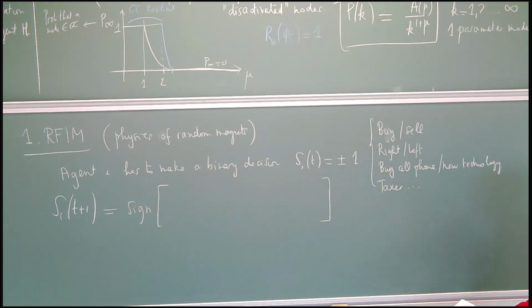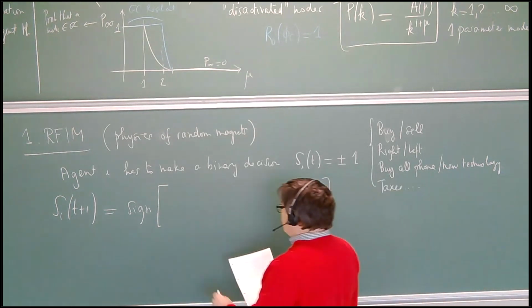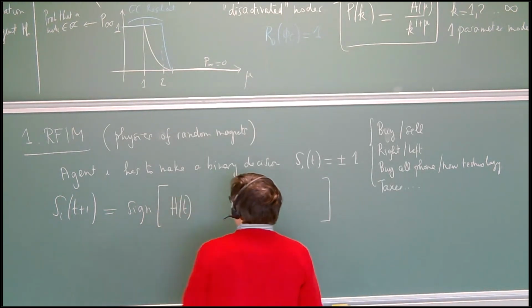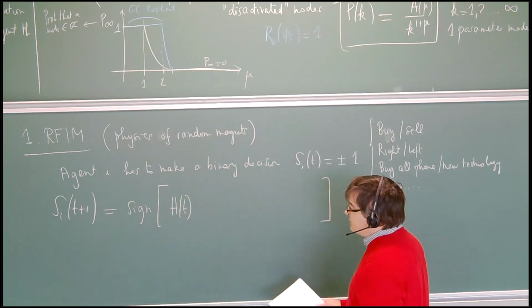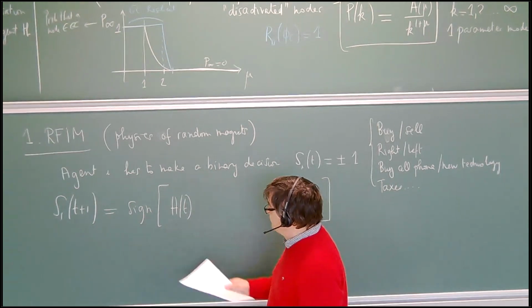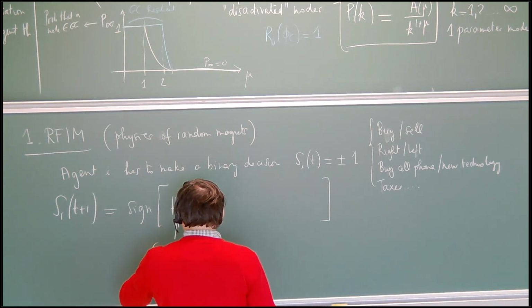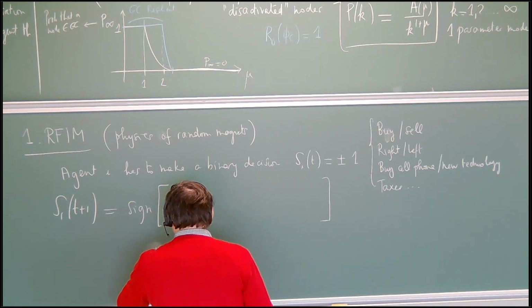It's a sign because this can only be plus or minus 1. So there's a term that I'm going to call capital H of t, which is common to everybody. You see that here there's no i. So that's what I'm going to call common information or public information.